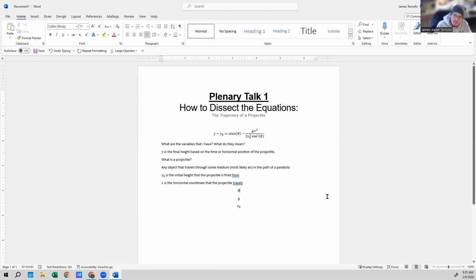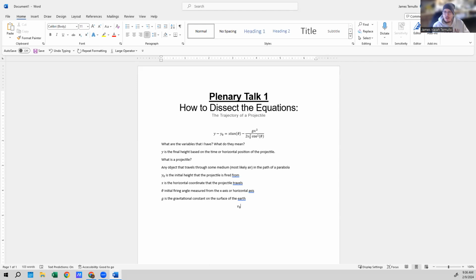So before we continue, let's talk about theta. Theta is the initial firing angle measured from the x-axis or horizontal axis. So what's G? Everybody's familiar with G. G is the gravitational constant on the surface of the Earth. I know it seems redundant, but you should do these things and just make it muscle memory.